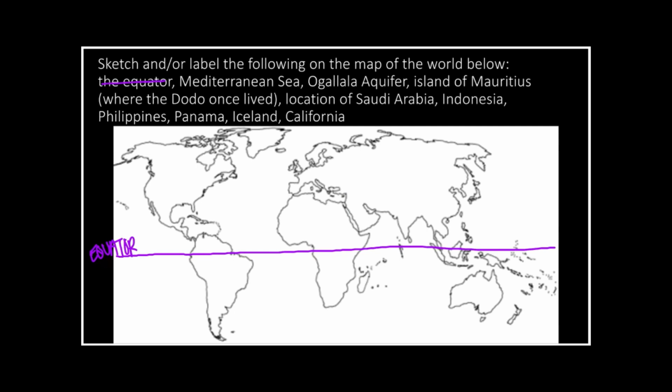The Mediterranean Sea, oh, made it purple. Anyway, that's in there. Oh, there we go. Now it's blue. Okay. Now we want the Ogallala Aquifer. I hope I said that right. This is going to be over here. And I'm just going to call that.